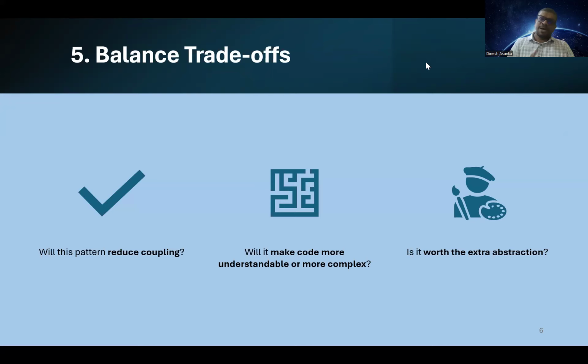Sometimes, for example, if you use the decorator design pattern, your code can be unnecessarily complex. And sometimes you will add extra abstractions, too many abstraction levels. For example, the template design pattern.